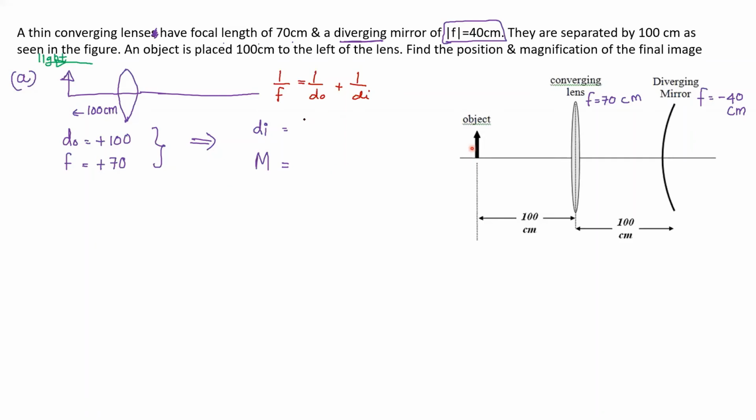Okay, so if I calculate DI, it is 1 over F minus 1 over D naught, and we need to take the inverse.